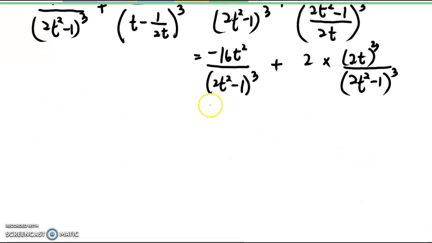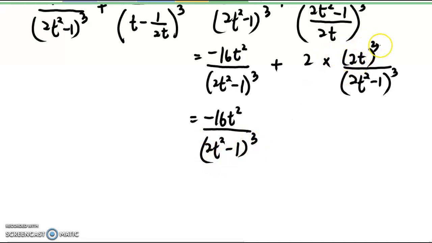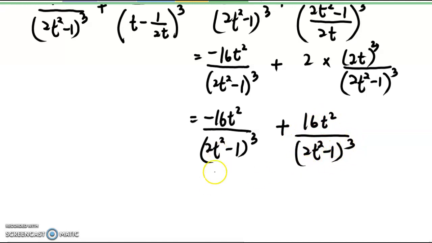So, cikgu akan dapat negative 16t over 2t square minus 1 cube. Yang ini 2 kuasa 3. Okay, make sure yang ini 2 kuasa 3, 8. 8 darab 2 adalah 16. Plus 16t over 2t square minus 1 cube. And then get 0. So, shown.